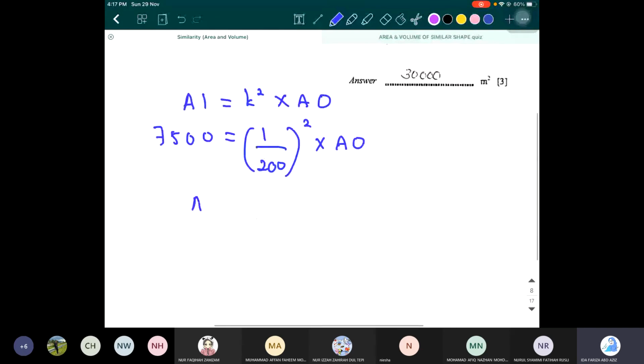So now to find AO, 7500, you have to divide by 1 over 200 squared. To remove the 1 over 200, we divide. So we divide 7500 by 1 over 200 squared.